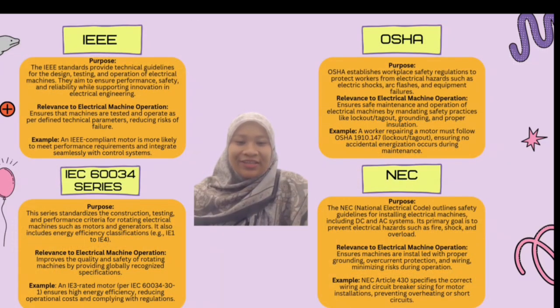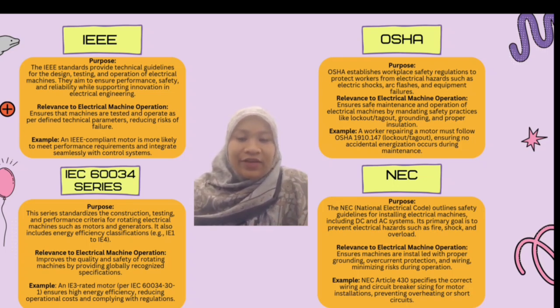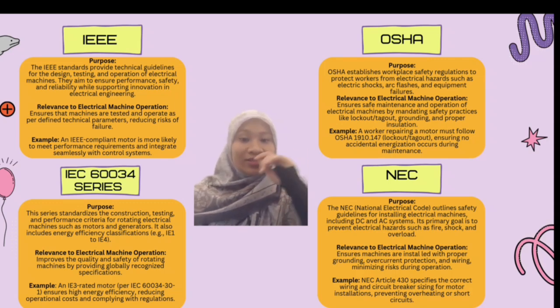For the IEEE standard, the purpose is that the IEEE standards provide technical guidelines for the design, testing and operation of electrical machines. They aim to ensure performance, safety and reliability while supporting innovation in electrical engineering.